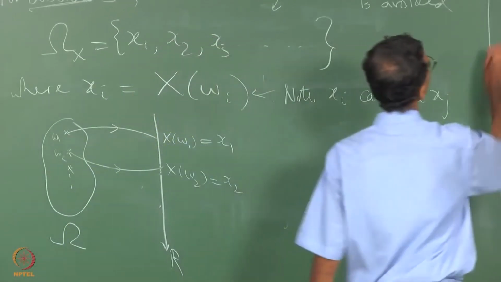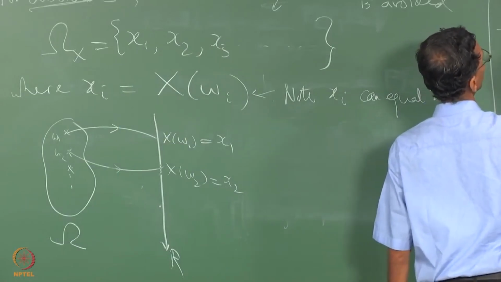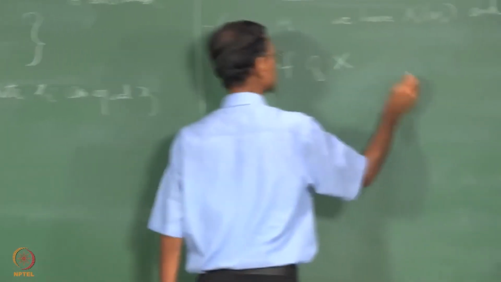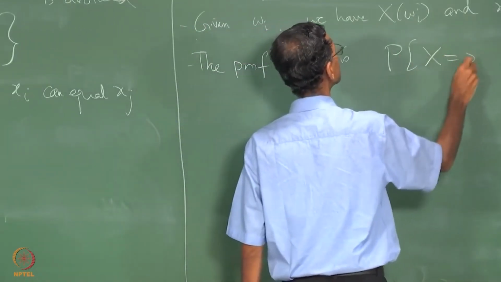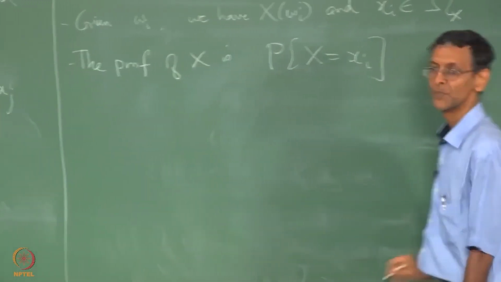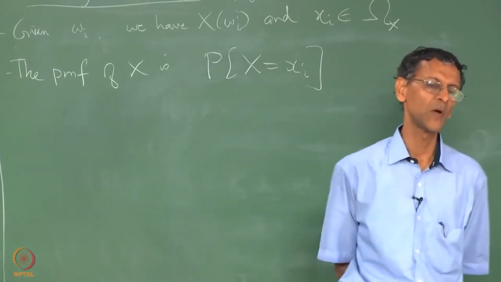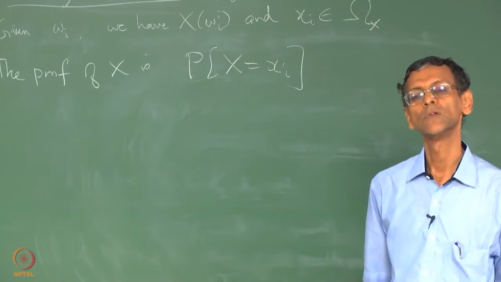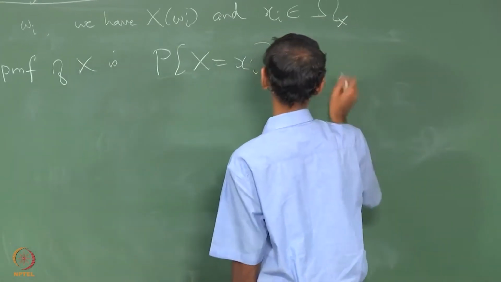It is nothing more or less than just P of x equal to, let's say, xi. What is the probability that x takes the value small xi? So you can call this some pi.